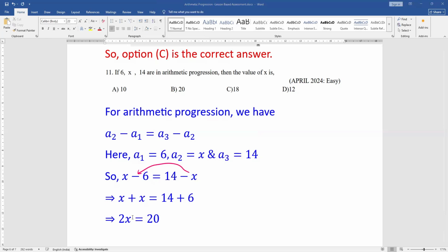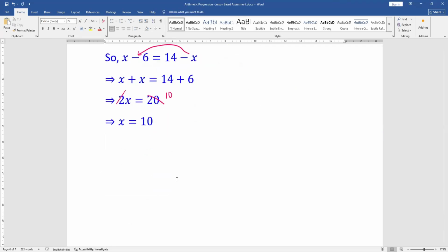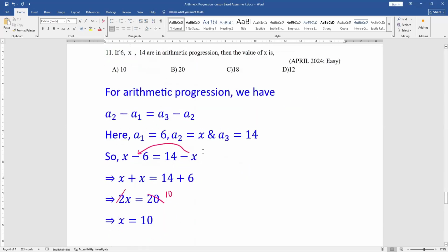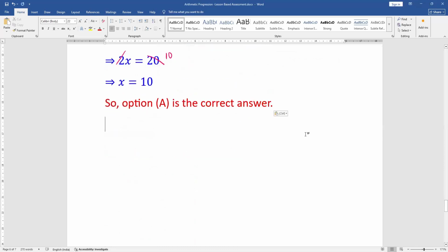Then we get, 2 ones are 2, 2 tens are 20, so we can directly cancel like this. So x is 10. So write like this. Option A is the correct answer. Then let's have the next question.